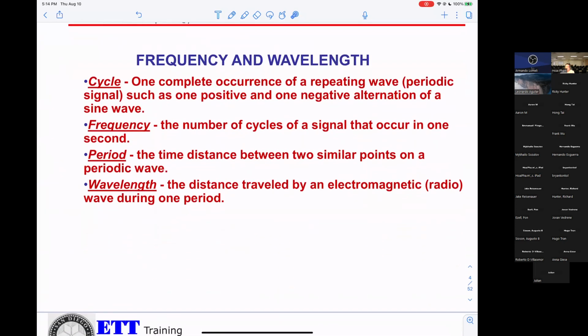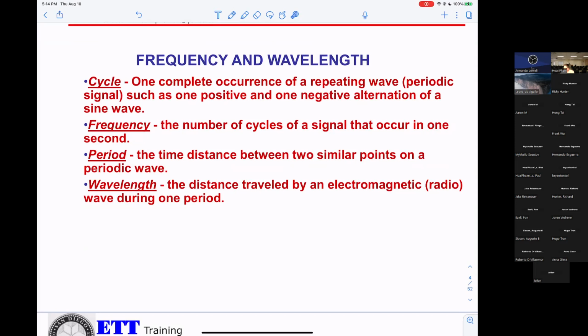Frequency and wavelength. This is a very basic definition. Everyone learning electronics is supposed to remember. What is a cycle?